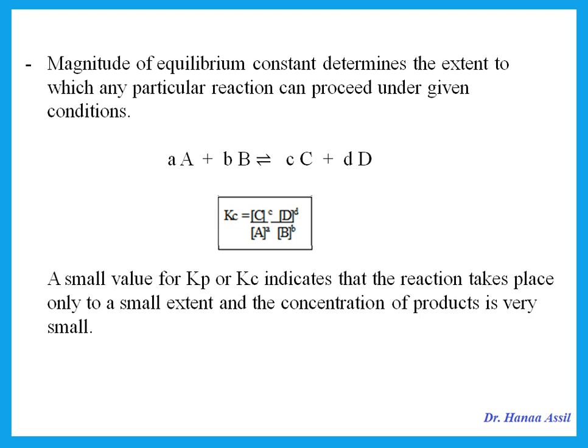So a small value of Kp or Kc would indicate that the reaction takes place only to a small extent, because I will have only a small amount of product and the concentration of the products is very small, so the Kp or Kc would be small. So the magnitude of the equilibrium constant determines whether the reaction favors the forward or the backward direction.